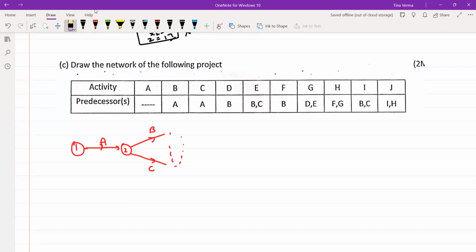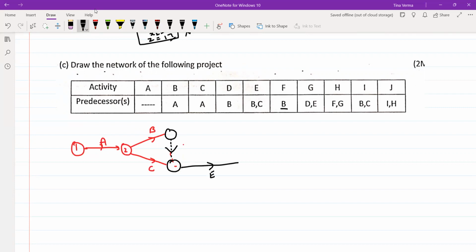Here you have to create your dummy activity. You have to look for the direction. For further, you also require B. That means the direction for the dummy activity should be towards this. So this is my activity E.